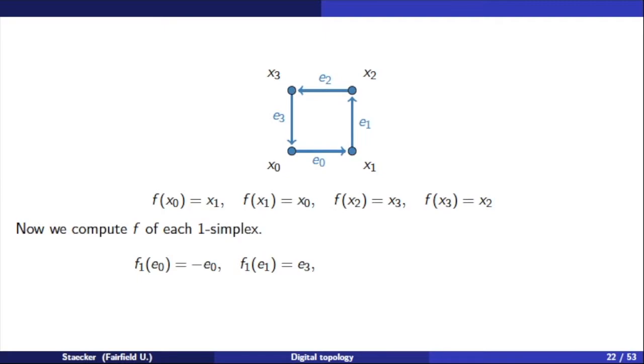Oh, this should say minus, sorry. E1, when I flip horizontally, becomes minus E3 because it goes over here, but it's pointing the other way. And then f of E2 is minus E2. And f of E3, again, this should be a minus E1. E3 goes over here, but it's the opposite direction. All right. I wrote f1 here. This means f in dimension 1. That's the dimension 1 behavior of f on the one-simplices.